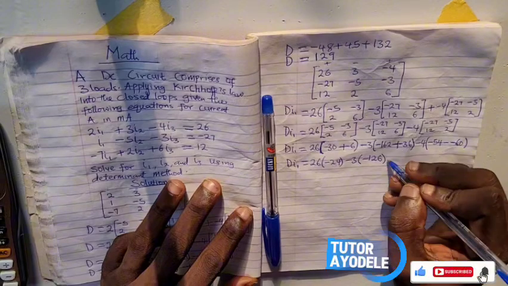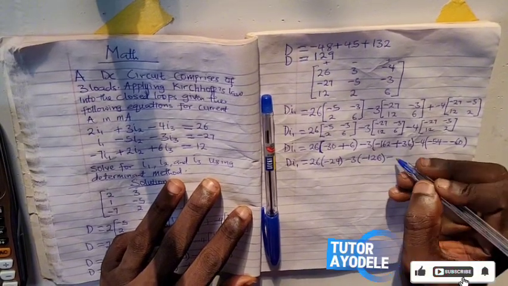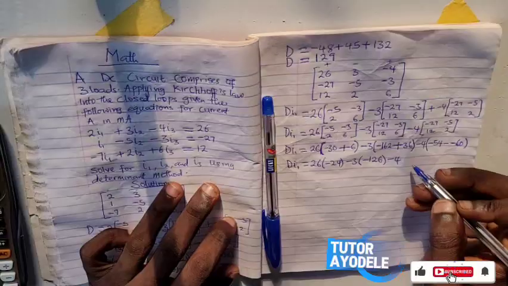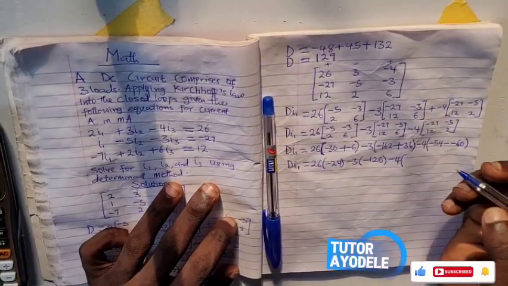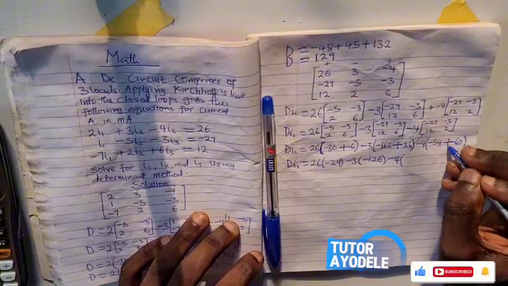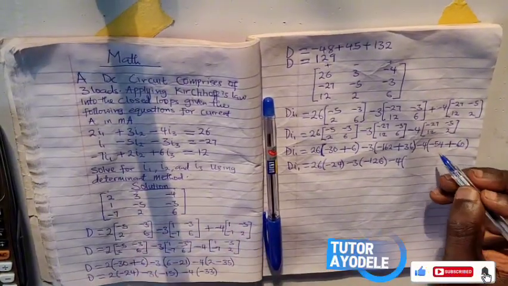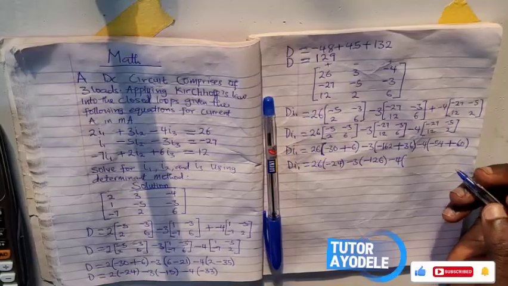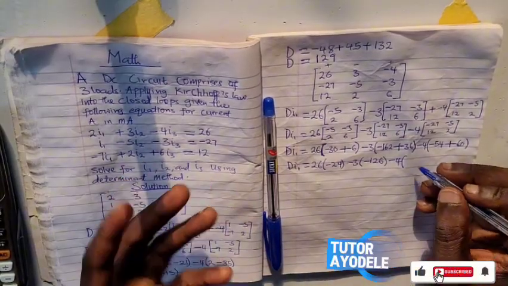Close the brackets. Minus 4 into brackets. So minus times minus will change to plus here. So I have minus 54 plus 60. That will give us plus 6, which is the same thing as 6.